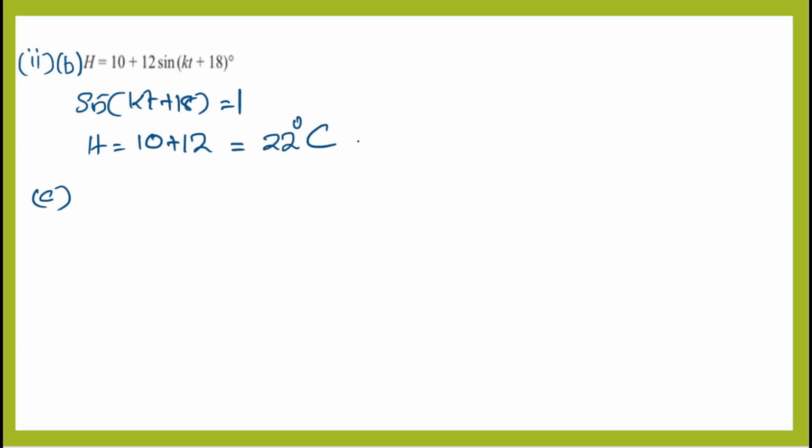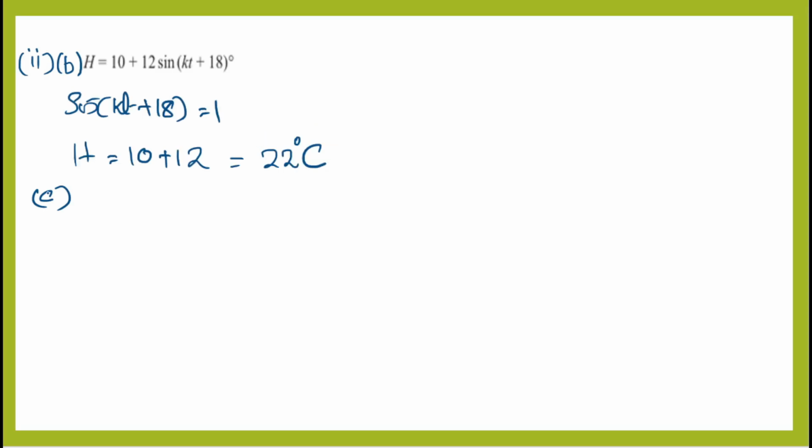Now attempt to calculate the maximum temperature inside the greenhouse. For maximum value, we have sine of (kt plus 18) as 1. Therefore, H equals 10 plus 12, that is 22 degrees Celsius as the maximum temperature.